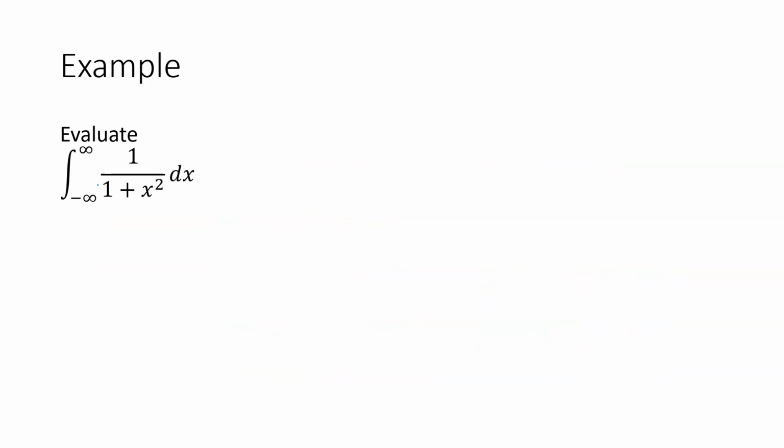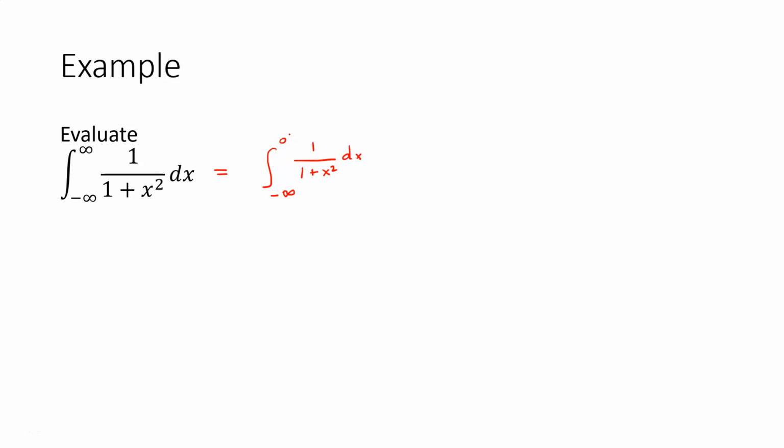Let's try an example now where we've got the integral that goes from -infinity to +infinity. The way we'll start it out is by splitting it into two. So we'll have one integral that goes from -infinity to 0. And here I'm choosing 0 sort of arbitrarily, but 0 seems to be an easy choice.